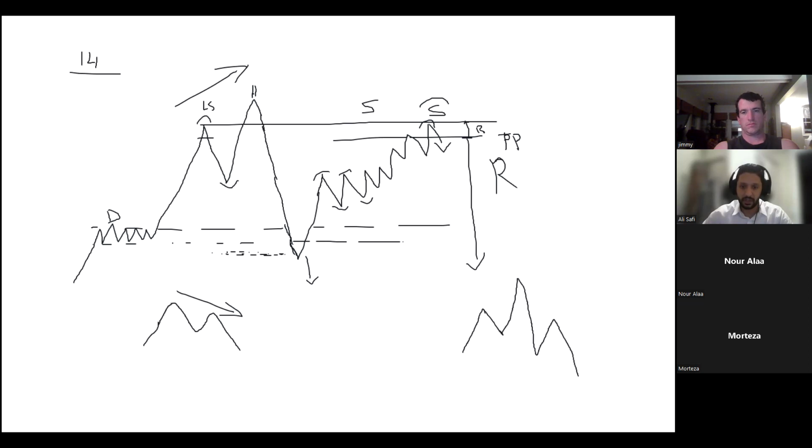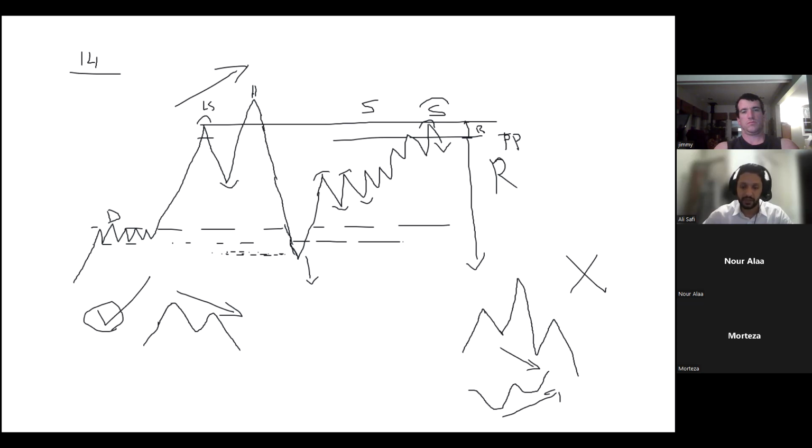If this is RSI, and RSI goes down, we shouldn't see something like this. We don't like it. We want to see RSI here, but we don't want to see RSI here. So this is checked, but this one is not checked.